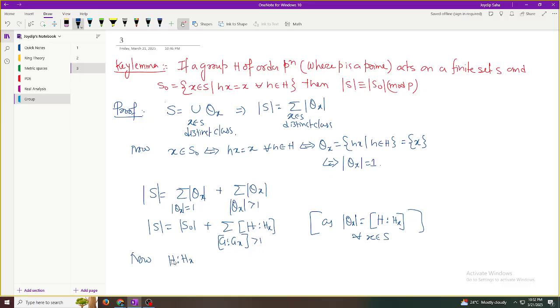Now, by Lagrange's theorem, the index divides H, which is p to the power n, and that is greater than 1.